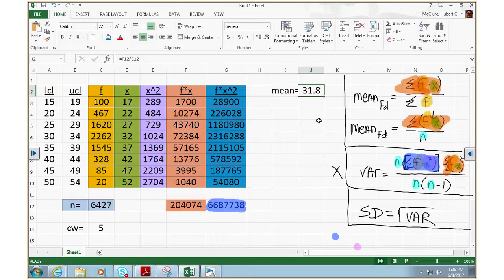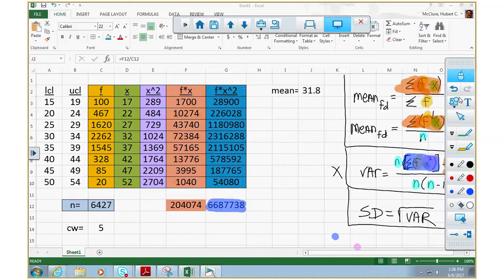Now I'm going to do what? I'm going to do the variance. So I'm going to go to this one, and I'm going to read my formula, and I'm going to plug it in. So I'm going to take my handy-dandy cursor, and I'm going to have to go down here.